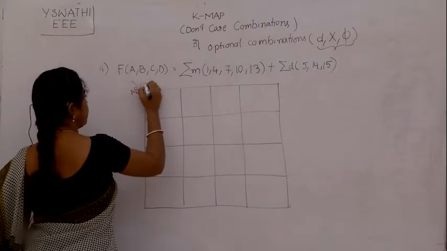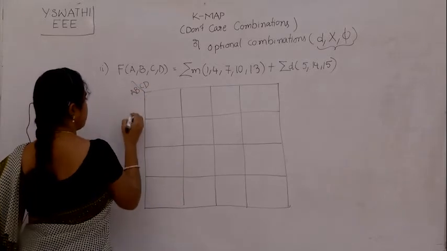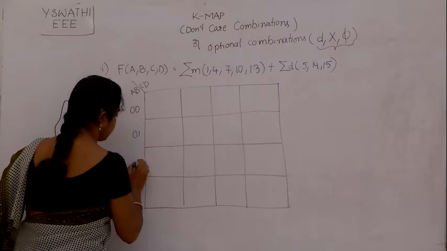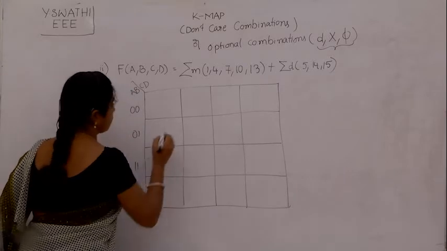The input combinations are A, B, C, D. What are the vertical combinations? 0 0, 0 1, 1 1 and 1 0.